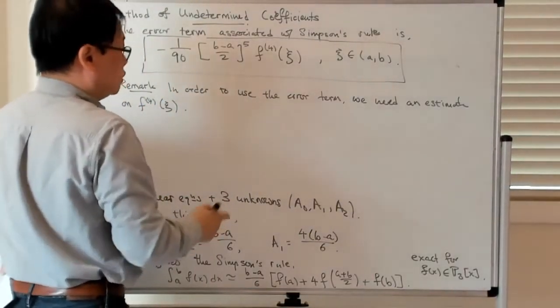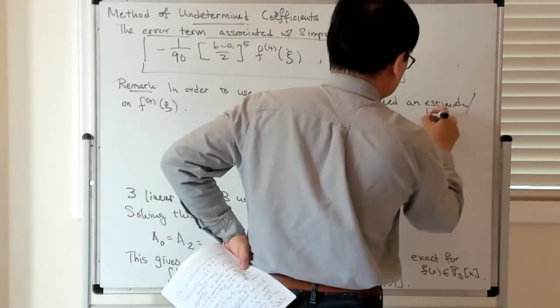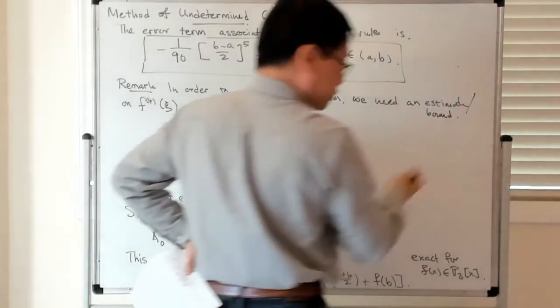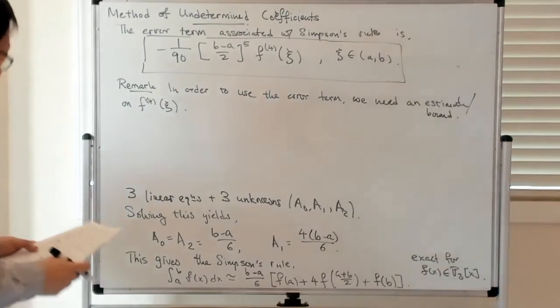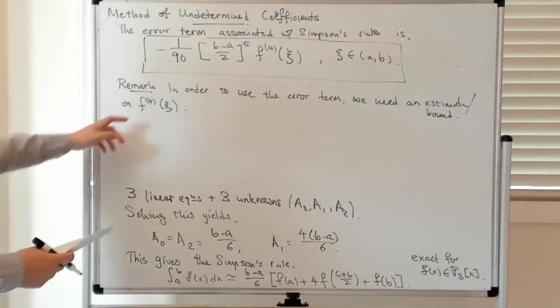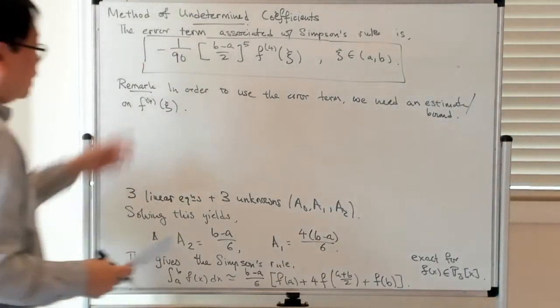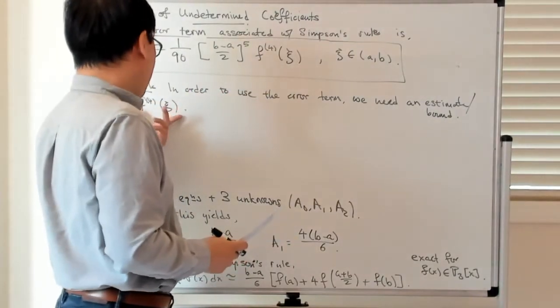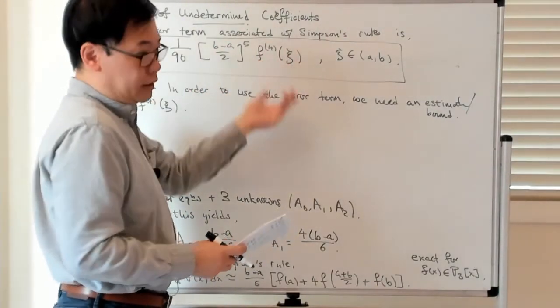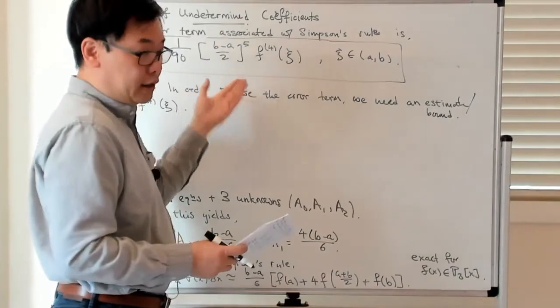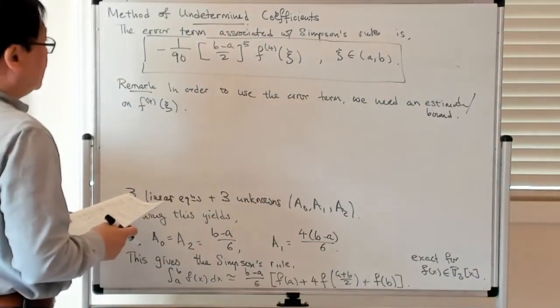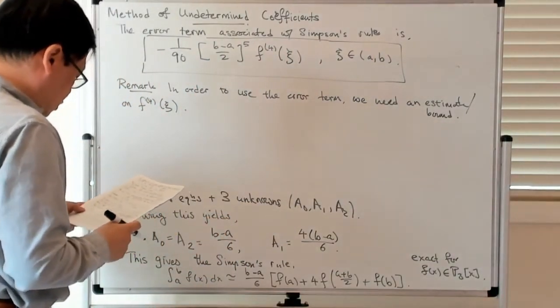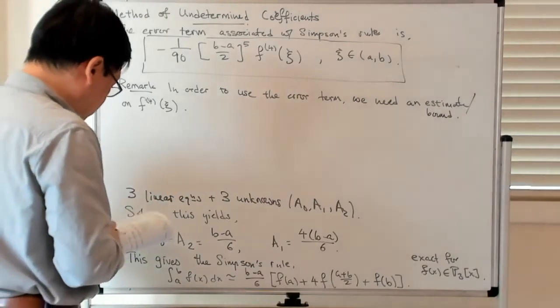Sometimes you can do that, and if you have a bound on this derivative term, then you can get an upper bound on the error which you're making from this error term.